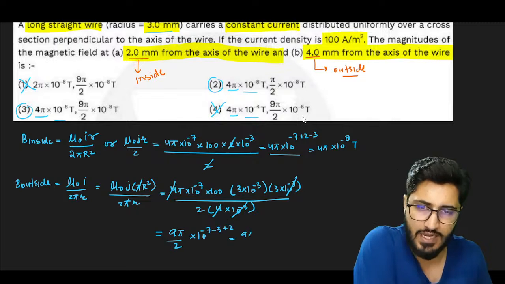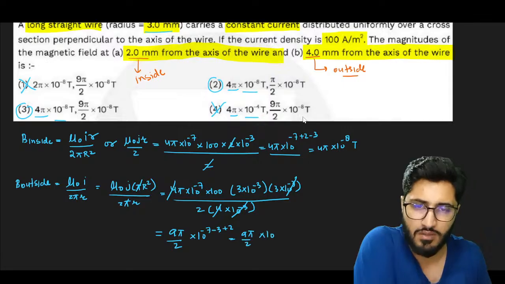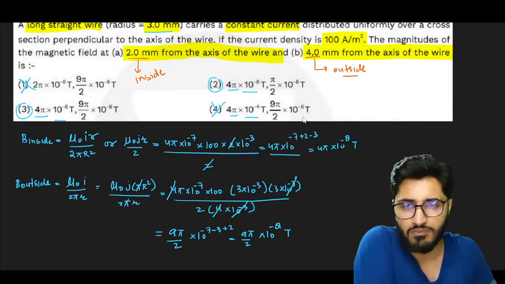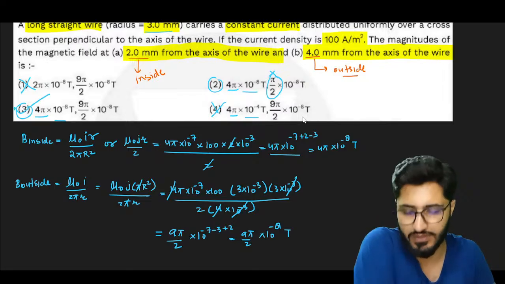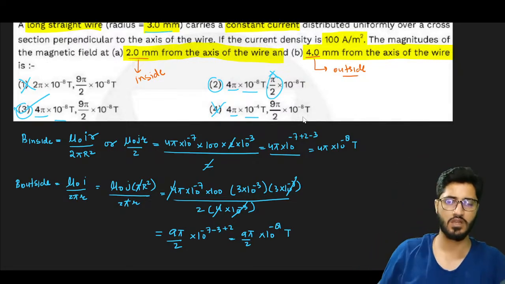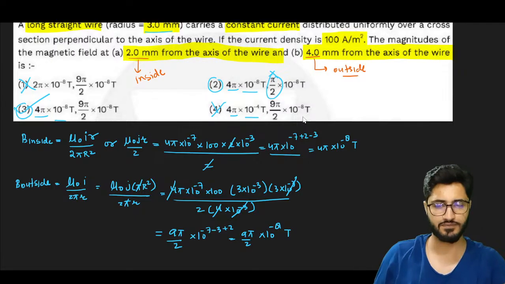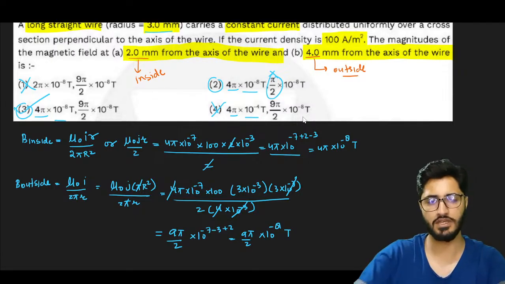It came out to be 9 pi by 2 10 to the power minus 8 Tesla. Look, this one is now incorrect. This one is correct. Option number 3 is correct.